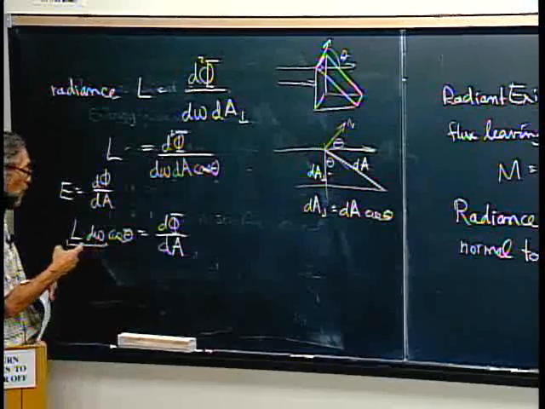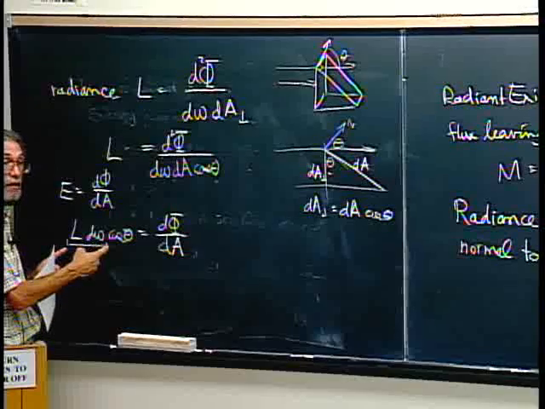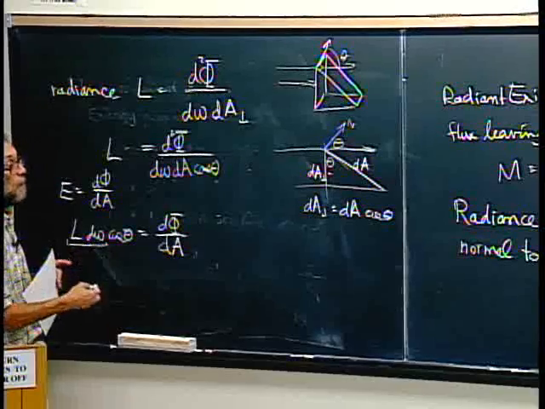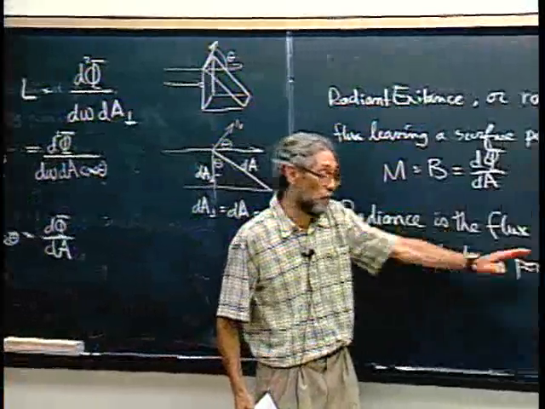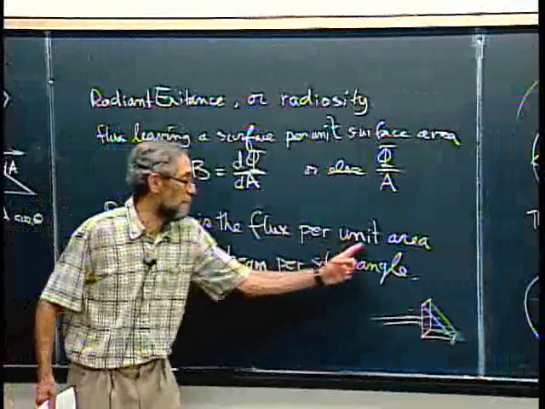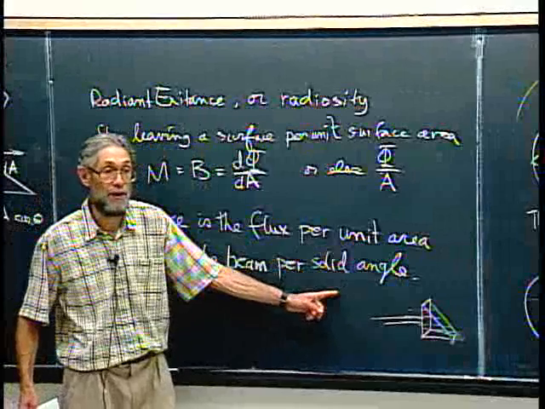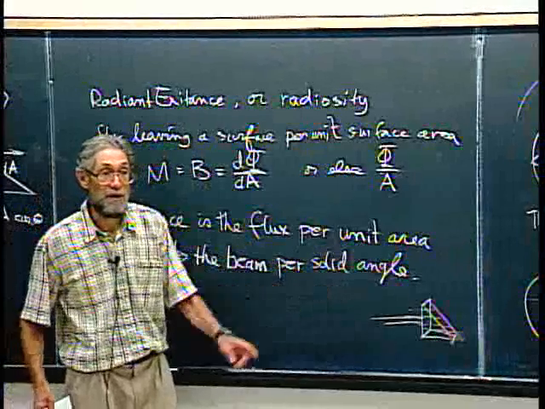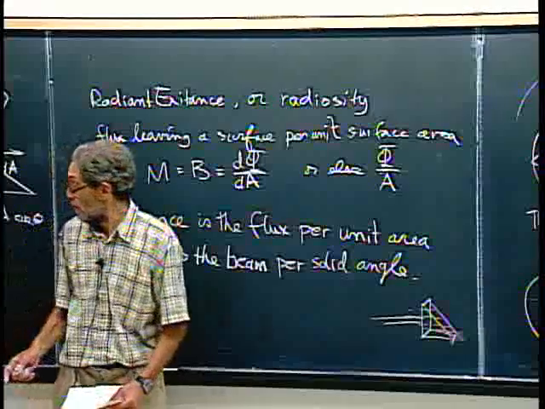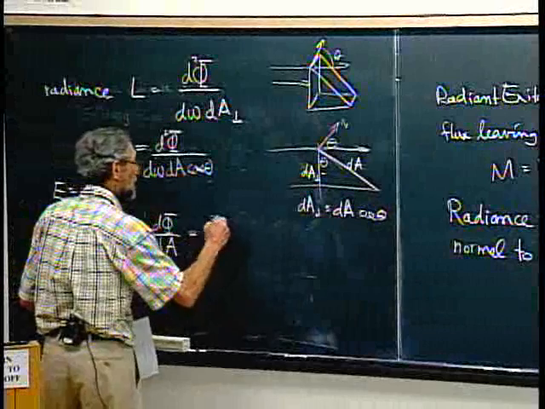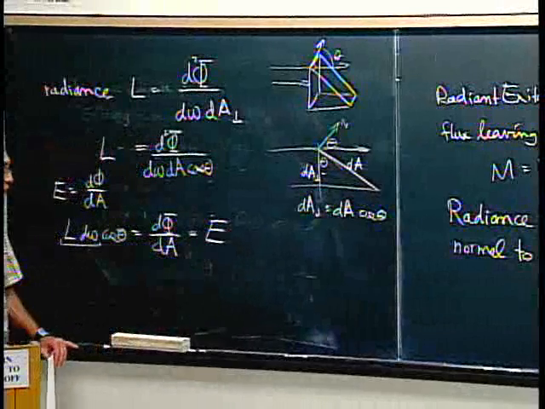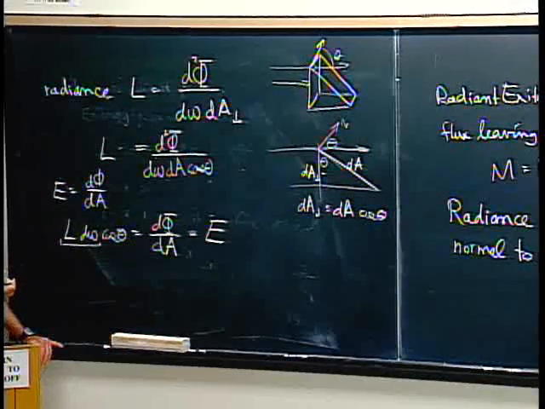And so radiance times the solid angle says how much flux is coming per unit area normal to the beam, because you already multiplied it by the solid angle, canceling out this per solid angle. And then that's equal to the irradiance E. And then for a perfectly diffuse reflecting surface, the light that comes out is proportional to the irradiance.